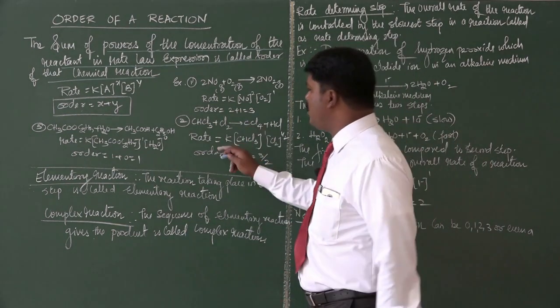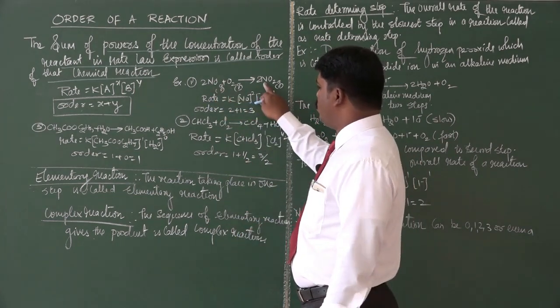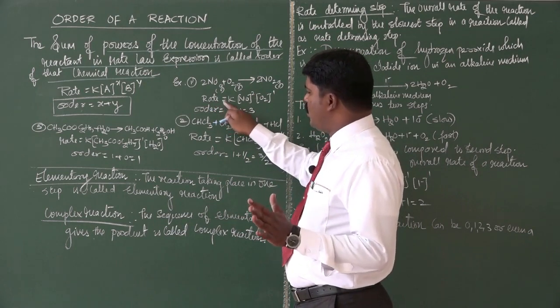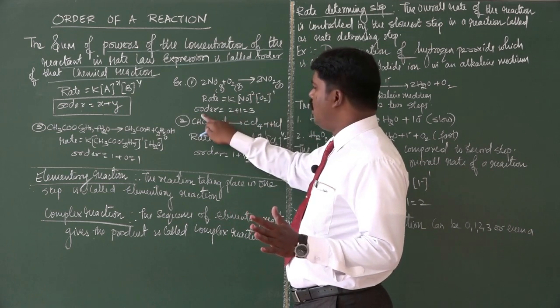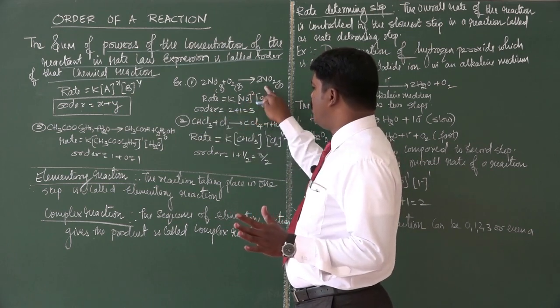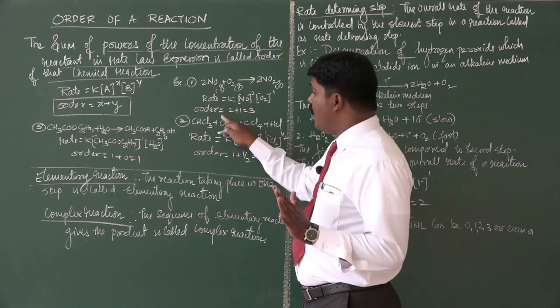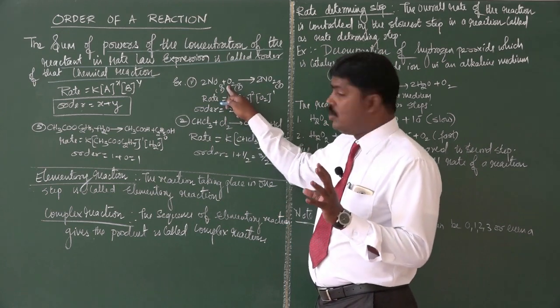I have 3 examples here, and we just finished discussing them. 2NO plus O2 gives 2NO2, and we found that the rate expression is K into [NO] to the power of 2, [O2] to the power of 1, and the order is just adding the powers, 2 plus 1, that is equal to 3. To write the order, I did not focus on the equation, no, that's wrong, so don't make that mistake.